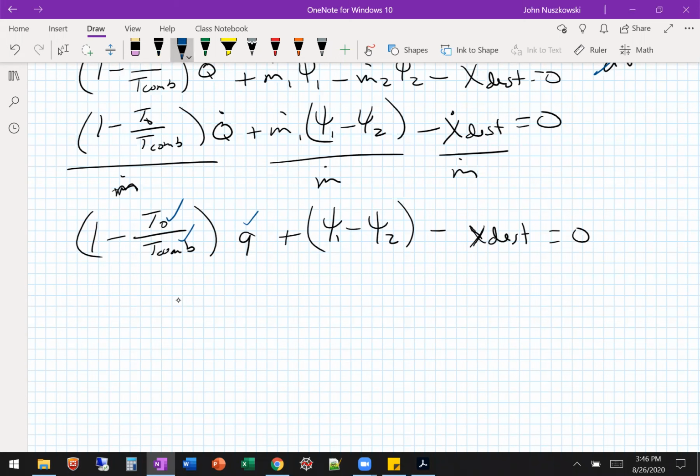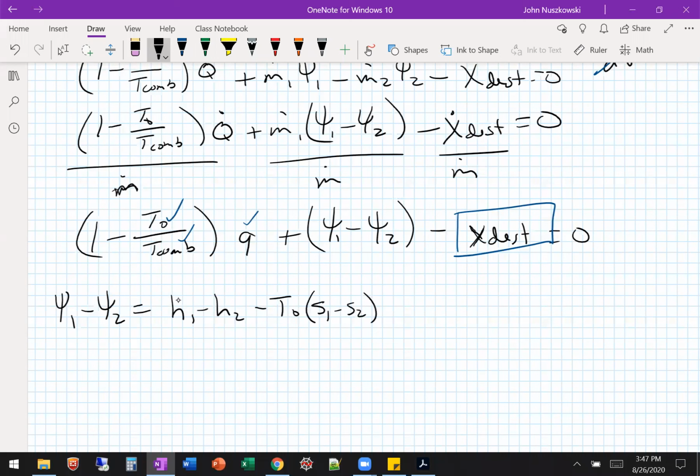That's what we're ultimately trying to solve for with this method. So then we need our flow exergy change. Okay, so we have this.